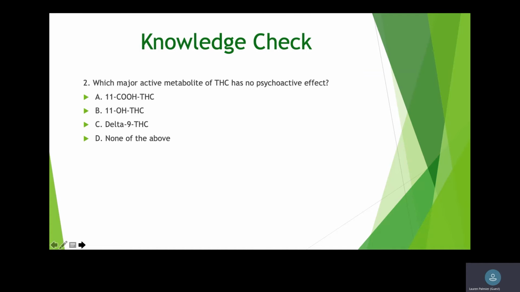As we talked about, 11-hydroxy-THC, so B, we know this has a very potent psychoactive effect. And we know that delta-9-THC, answer C, also produces psychoactive effects. 11-carboxy-THC is the one metabolite that we know has no psychoactive effects.